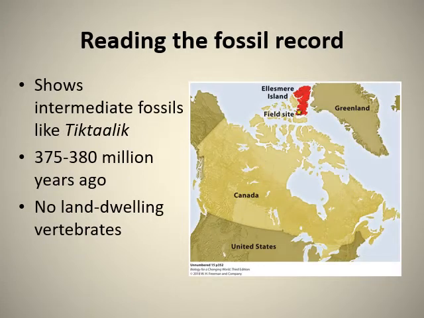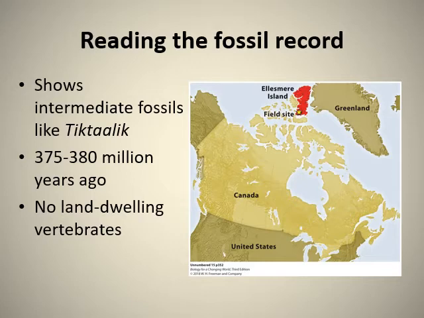So your book mostly talks about these researchers that had heard about this site in northern Canada, way up in the Arctic, that showed fossils from about 375 to 400 million years ago, I think. And that's kind of exactly what they were looking for. They were looking for some sort of transitional fossil in this time period.